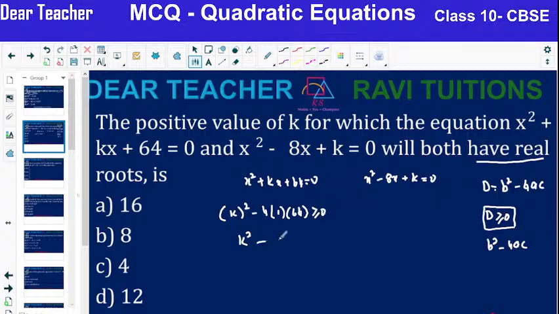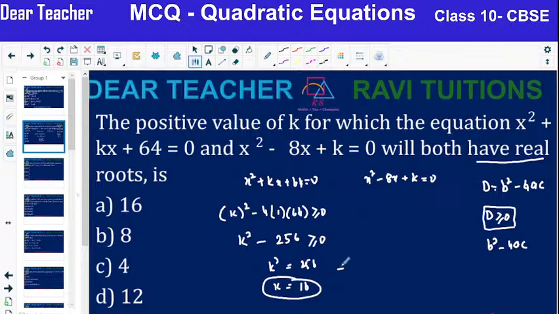So k square is greater than or equal to 256, and k is greater than or equal to 16. Okay, so k square is equal to 256, k is equal to 16. Let us say k is equal to 16.